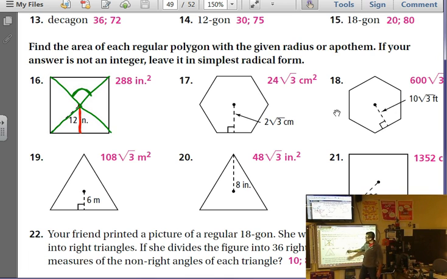Or at your center, sorry. 90, so this will then become 45. And then I have a 45, 45, 90. How does the relationship work in the 45, 45, 90? Because you have 2 angles the same. How does that 2 come into play?